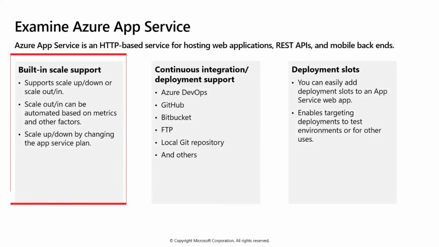It has built-in scale support. What do I mean by this? What is built-in scale support? It is based upon the user requests coming in. Take an example of Flipkart. Recently we had the sale on Flipkart, and not only Flipkart, all the shopping sites had sales.